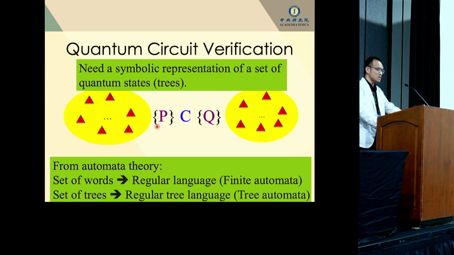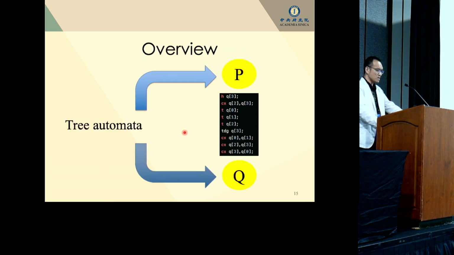Our idea is to borrow from automata theory. In a classical setting, the standard model to handle a set of words is a regular language, that is, finite automata. Our idea is that the standard model for a set of trees is a regular tree language, or tree automata. So that's what we use in this work. We use tree automata to model a set of quantum states. So that's the overview.